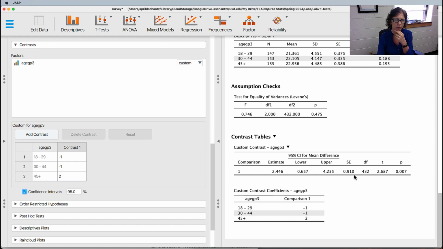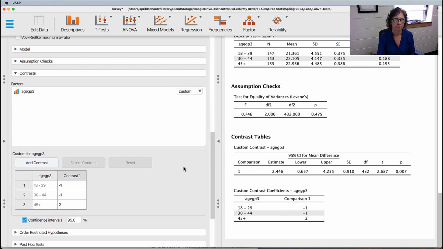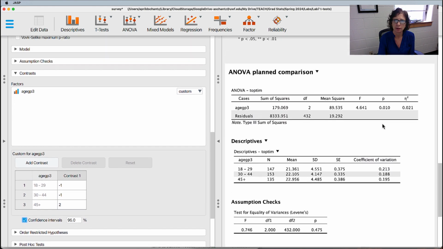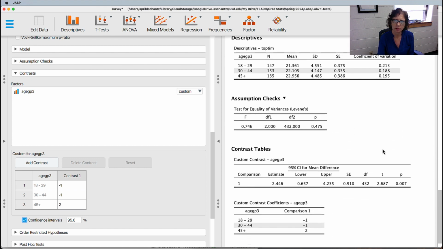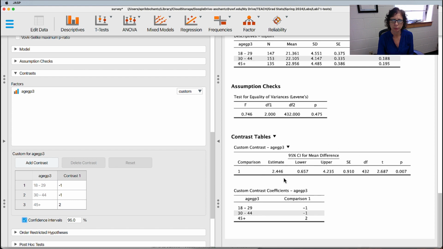It looks like we can only get the confidence interval for the contrast t-test. But we do have the effect size for the model, so we have everything we need there. We have descriptives, and we have our contrast results, that there's a 2.45 average difference between the older age group and the younger groups in terms of total optimism, and it is a significant difference according to this p-value.